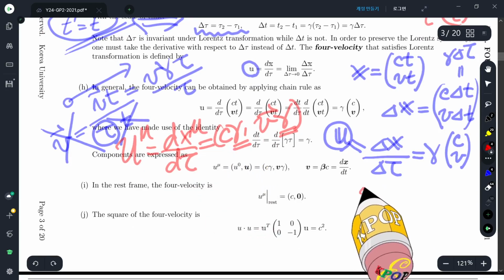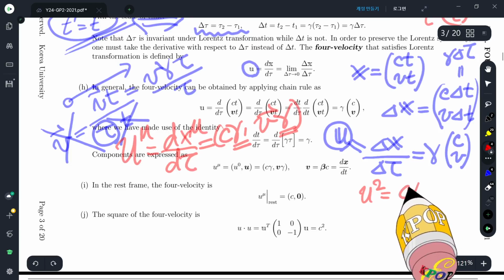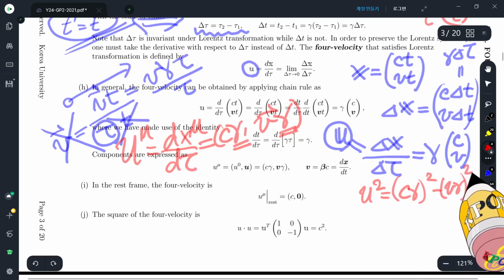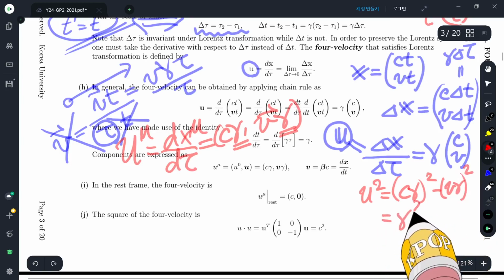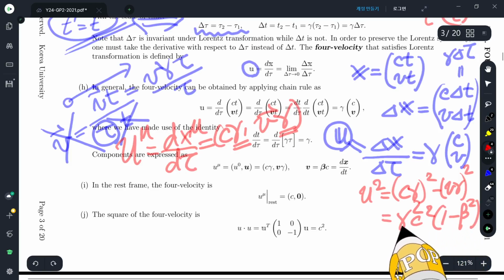If I square u, u squared is c gamma squared subtracted by v gamma squared, that is gamma squared, c squared times 1 minus beta squared. We know that 1 minus beta squared is the reciprocal of gamma squared.